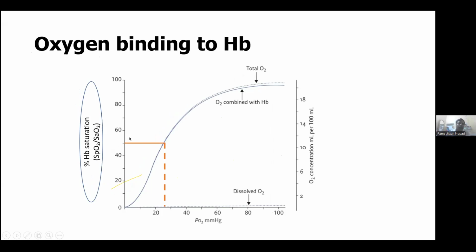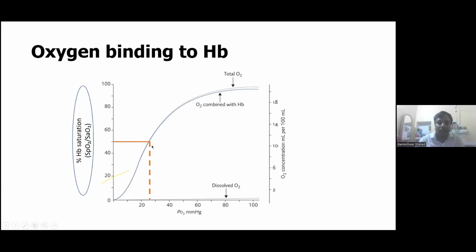Now, in pulse oximeter, if your SpO2 is 50%, what will be your PaO2 value? Your PaO2 value will usually be around 26 millimeter of mercury, and it is called P50 of hemoglobin.